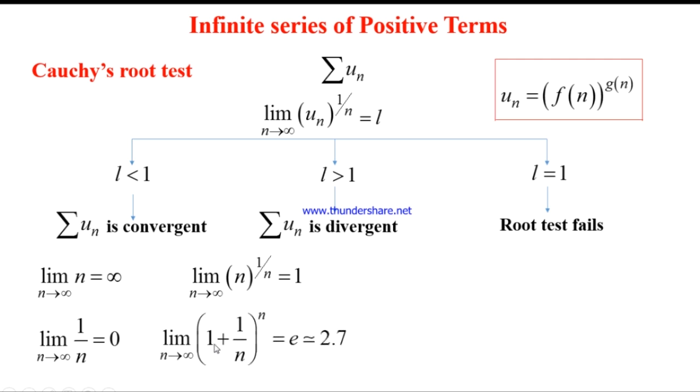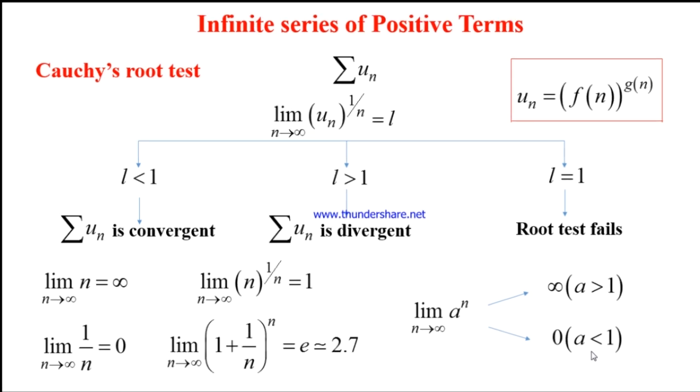And the value of 1 plus 1 by n power n goes to e, approximately equal to 2.7. And limit n tends to infinity, a power n is infinity if a is greater than 1, and it is equal to 0 if a is less than 1.